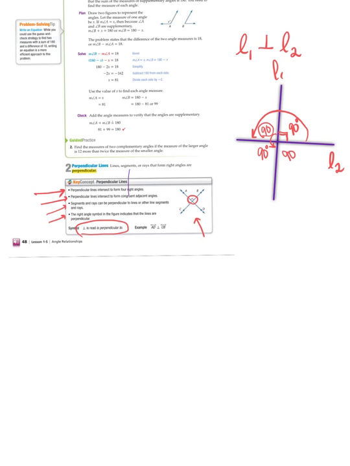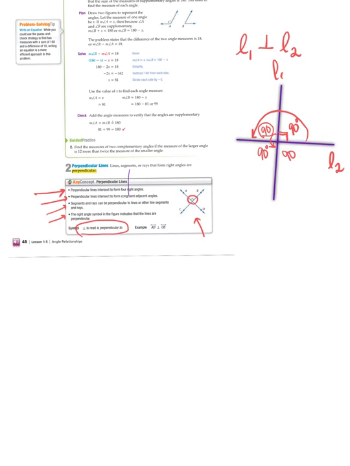When we put our lines on the coordinate plane and we graph lines and we want to determine whether or not they are perpendicular, to be exact, we need to find the slope of each of those lines.